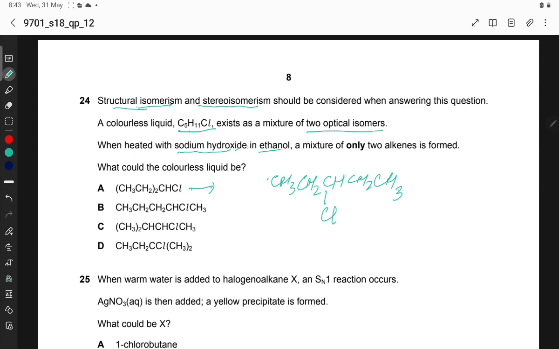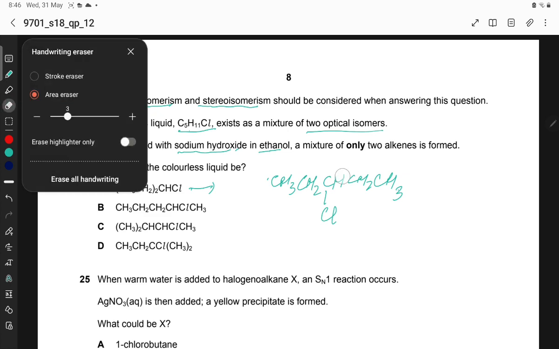When heated with sodium hydroxide and ethanol, a mixture of only two alkenes is formed. So, if we remove HCl, this is an elimination reaction.